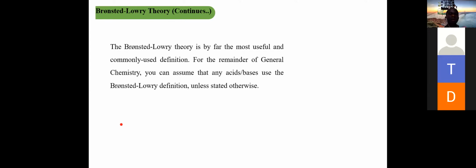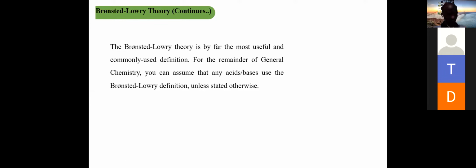So I said the Bronsted-Lowry theory is by far the most useful and commonly used definition. For the remainder of general chemistry, you can assume that any acids or bases use the Lowry definition unless stated otherwise.